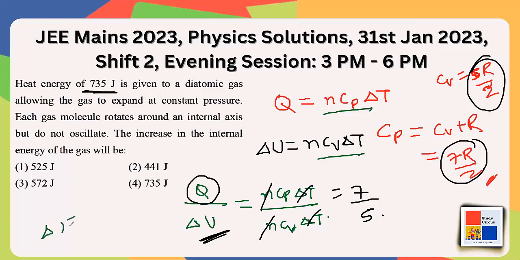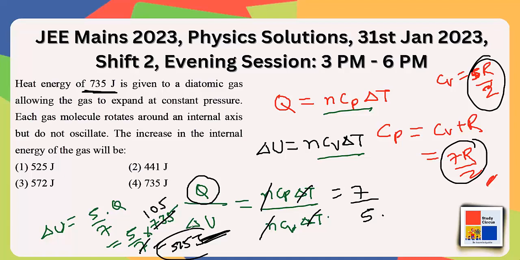So delta U is 5 upon 7 times the heat given Q, that is 5 upon 7 times 735. If I simplify this, it is 105, and 105 times 5 is 525 joules. That is option number 1 here. So the change in internal energy delta U is 525 joules. Option number 1 is the correct answer.